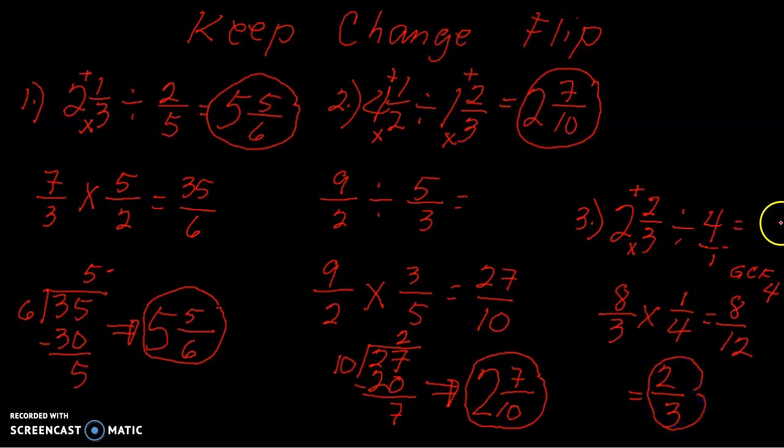So, 2 and 2/3 divided by 4 is 2/3. So, there you have it. That's how you divide mixed numbers with another mixed number, with a whole number, and with a fraction. Okay.